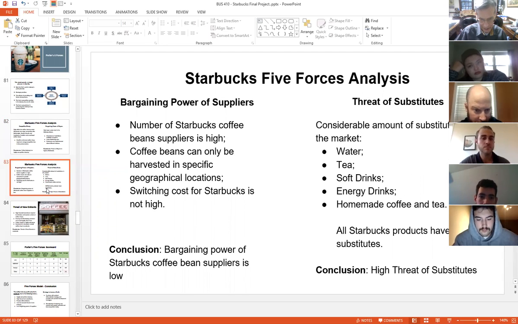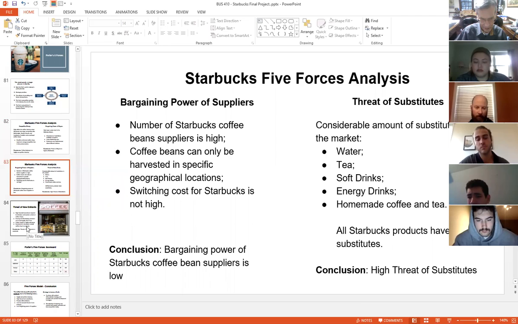Now we have the bargaining power of suppliers. The number of Starbucks coffee bean suppliers is high, and because of this, their bargaining power is low.